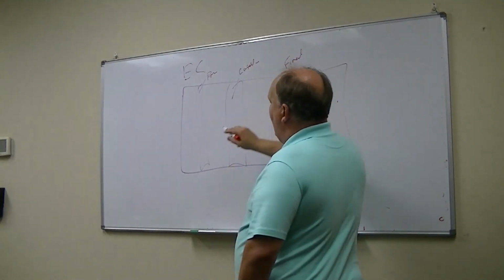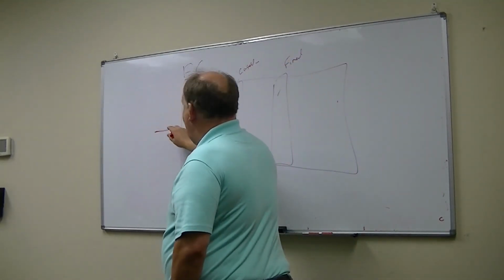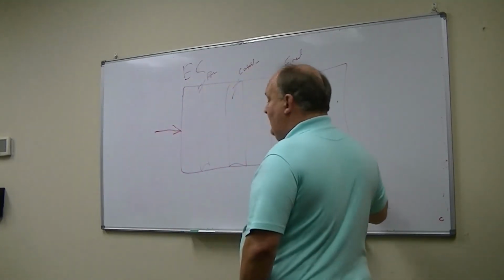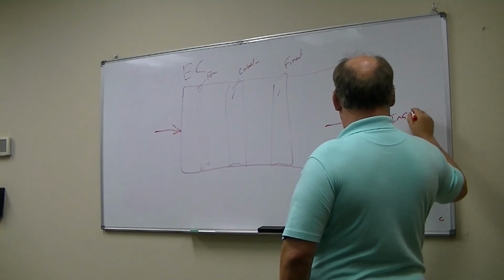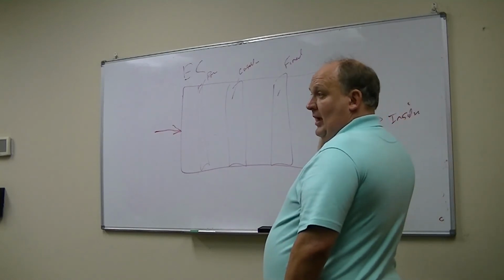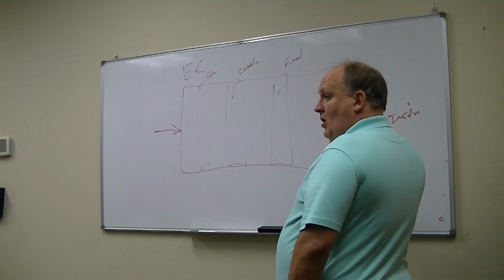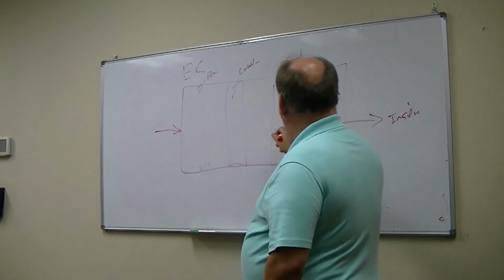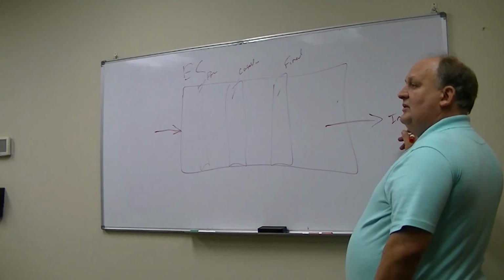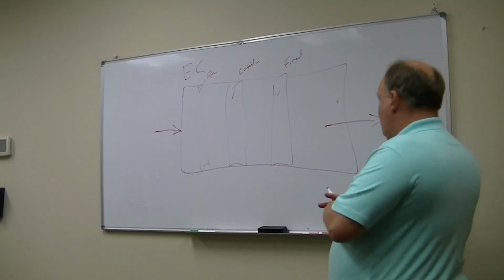Well, that's because we're taking air from the outside and we're purifying it, and we're pushing air into the inside of some room, okay? A control room where the electronics are or something like that. So we're taking dirty air and we're cleaning it and sending it inside the room, okay?